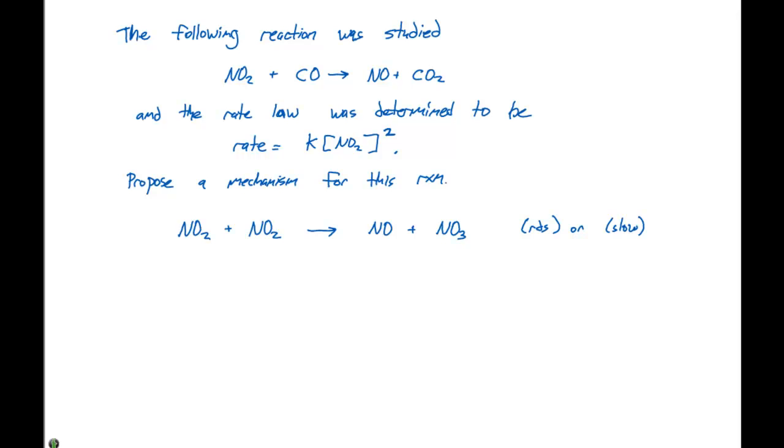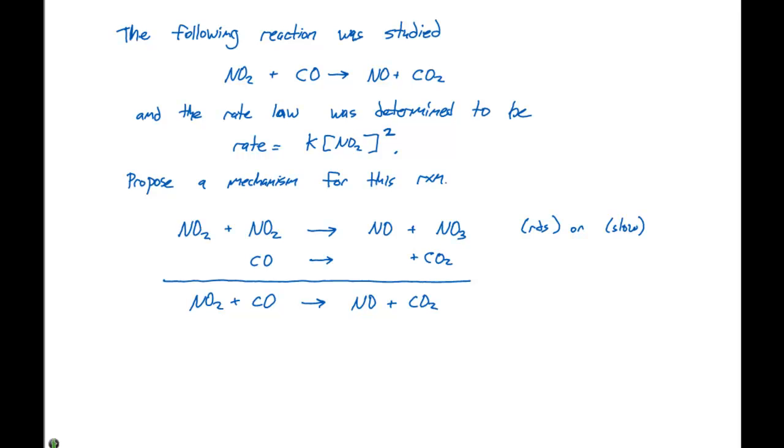Now we know that on the reactant side, we're going to have CO present, so that has to come over here, right? And we also know that this overall equation down here has to be NO2 plus CO giving NO plus CO2. So that means that over here on the right-hand side, we're going to need a CO2 molecule.